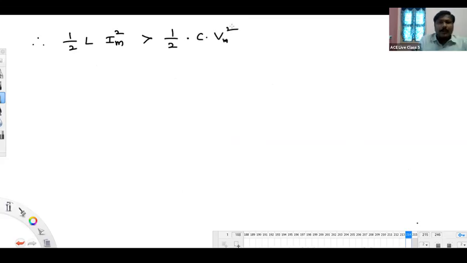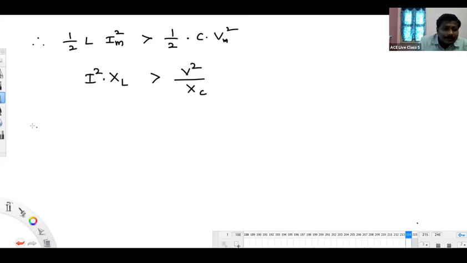Extending this further, I square into XL will be more than V square by XC.